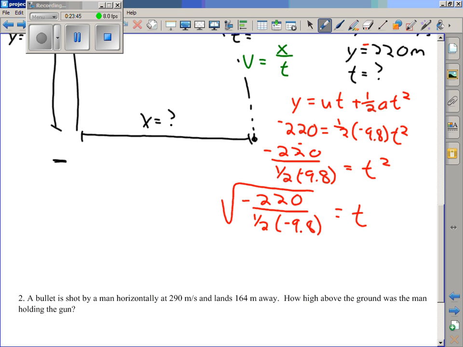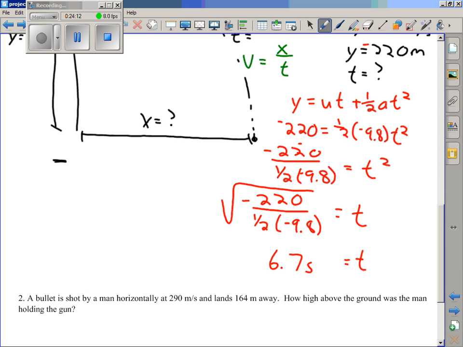Doesn't matter. That's 2 to the negative 1 in the denominator, which means whenever you pull it up to the numerator, it just becomes 2. But never mind that for now. If that makes you nervous, just plug through. And so time comes out to be what? 6.7 seconds.